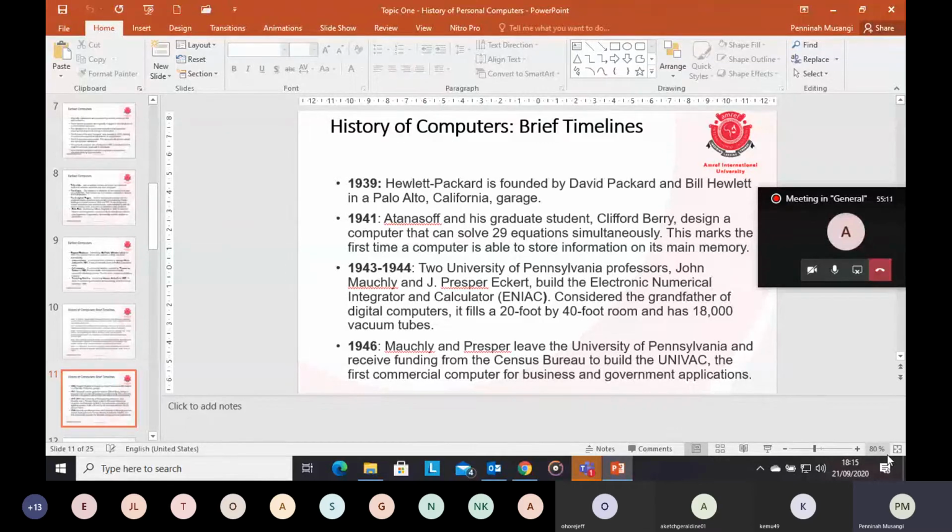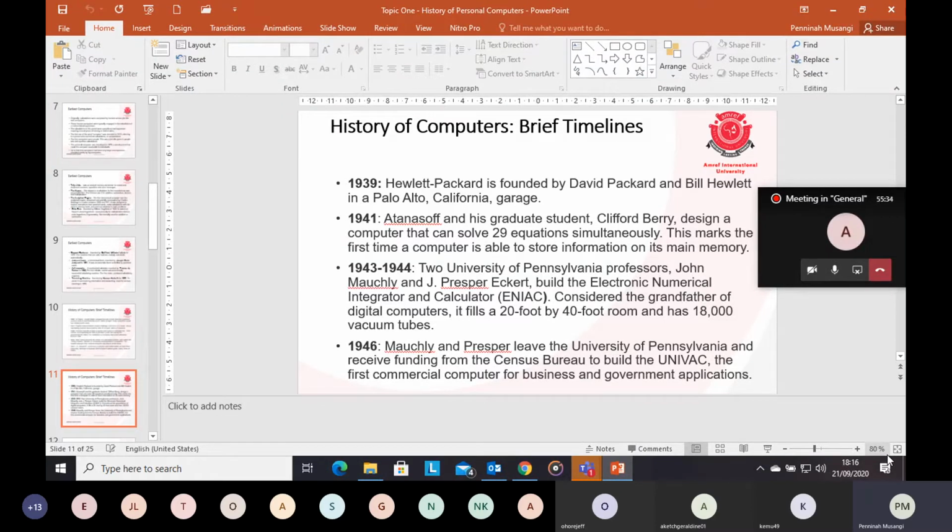It could fill a 20-foot by 40-foot room, and it had over 18,000 vacuum tubes. And you remember when we were defining computer, we said they were very huge. One of the reasons is that they had to fit in this kind of room, 20 by 40 feet. So they were very big.